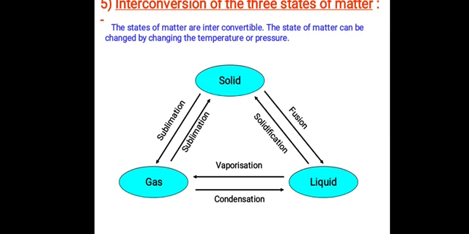For example, when ice is heated, it is transformed to liquid, and the process is called fusion. Similarly, when liquid is heated, it transforms to gas, and the process is called vaporization. When gas is cooled down, it is converted to liquid state of matter, and the process is called condensation.